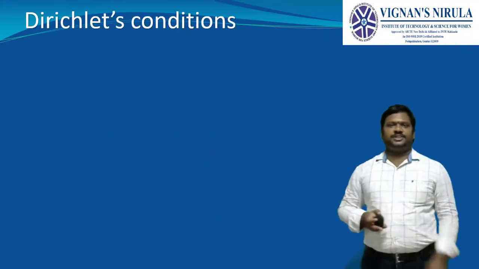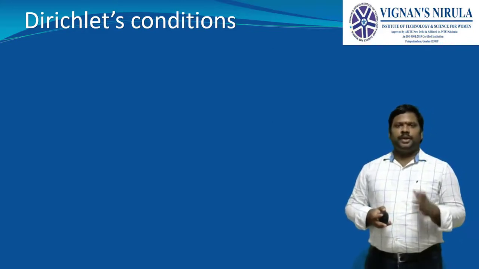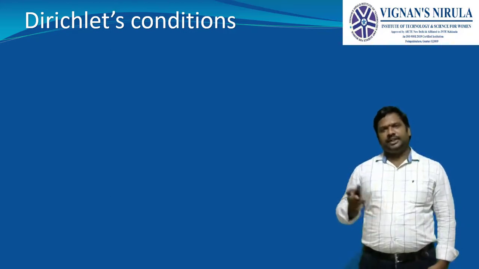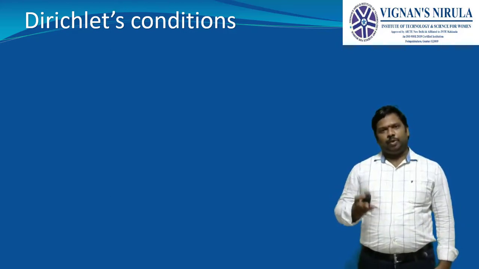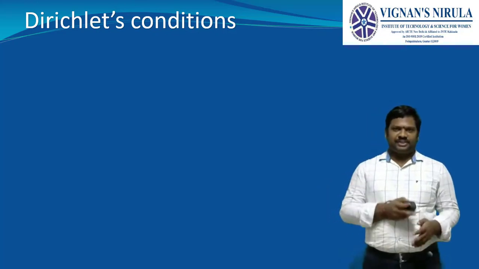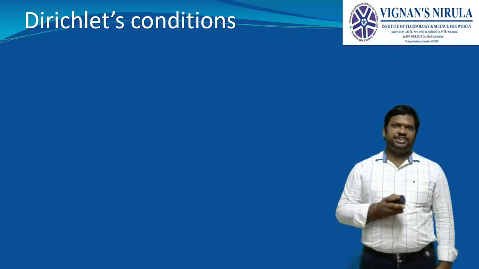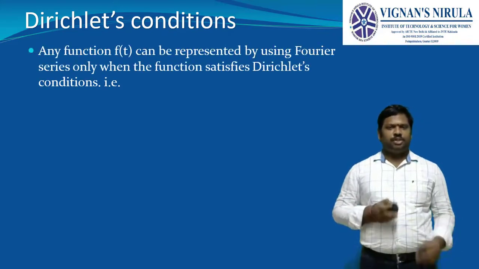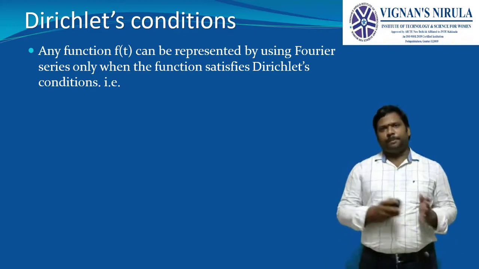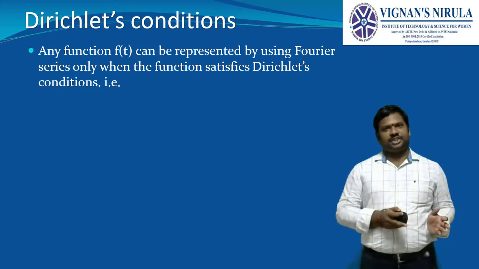Now coming to the Dirichlet conditions. The Dirichlet conditions are the necessary and sufficient conditions for the existence of the Fourier series. That means for the existence of the Fourier series, a particular function should satisfy these Dirichlet conditions. If you take an f(t) which we need to represent in terms of the Fourier series, then it must satisfy them.